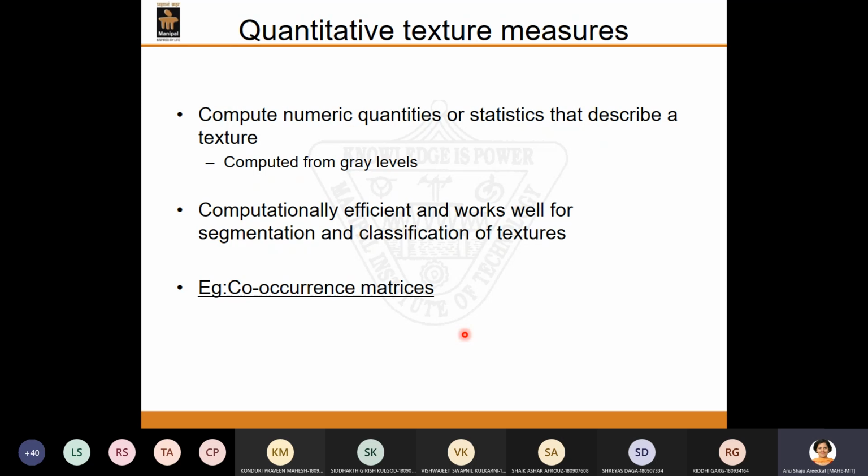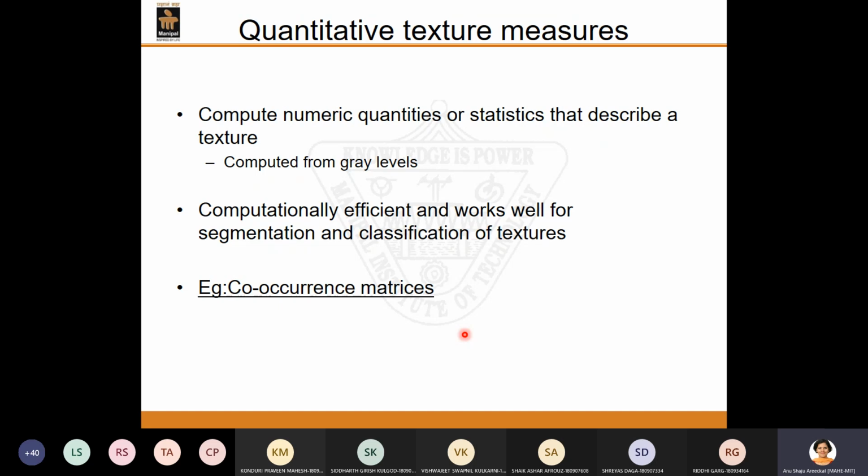Morphological gradients also help to identify different structures present in an image. It can be a blob structure, circular kind of objects, or linear objects, or square regions which are present in an image, and so on. So morphological gradient operations can be used.